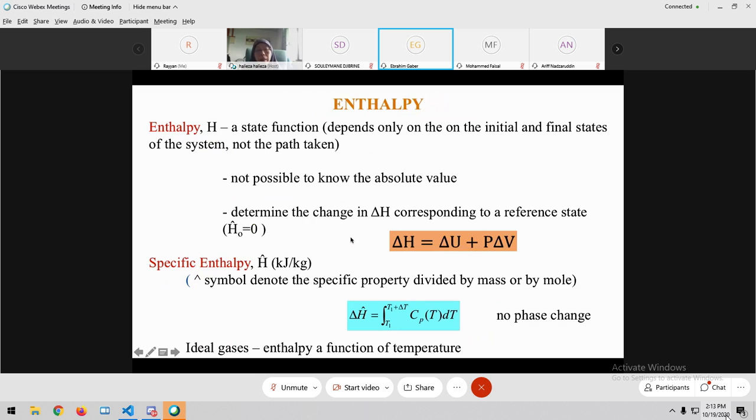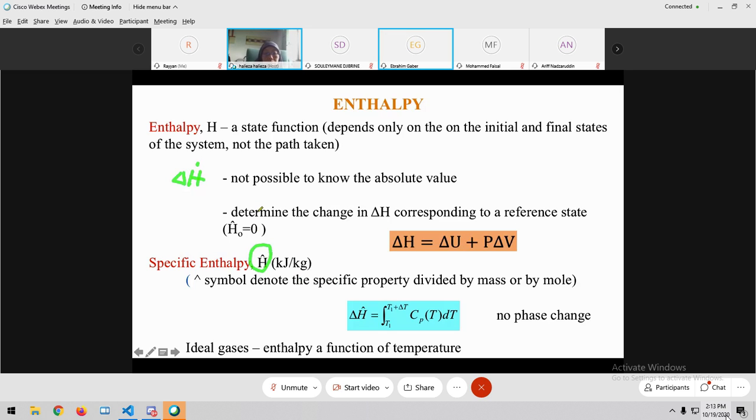Okay, enthalpy. Again, you have come across it in thermodynamics. Again, enthalpy is not an absolute value. You have to have a delta enthalpy, delta H. Okay, you need to have delta H. And it could be a dot, or it could be specific, depending on the unit.